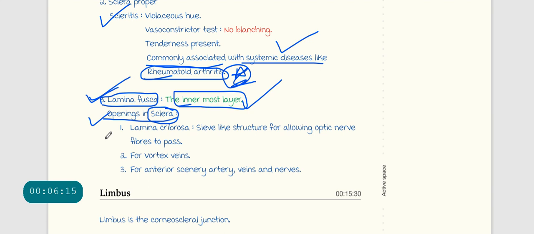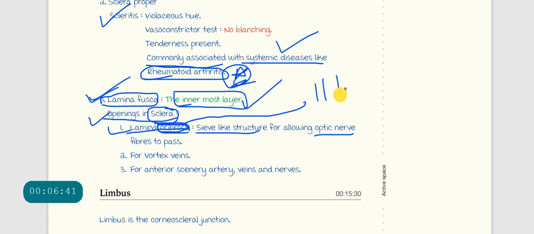The first is the lamina cribrosa. We have all studied the cribriform fascia. It is the same, just the structures passing are different. Here it will be the optic nerve. Cribrosa is a sieve-like structure, and it allows the optic nerve fibers to pass through it.